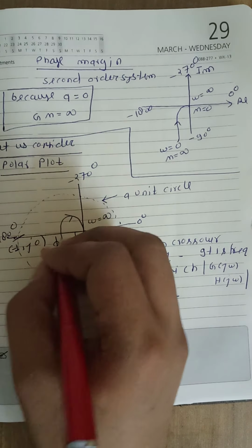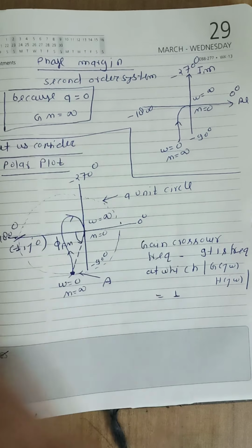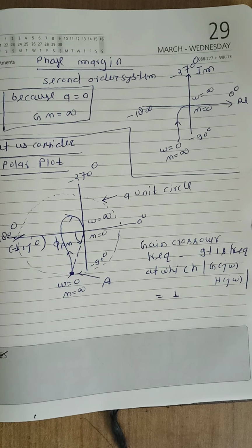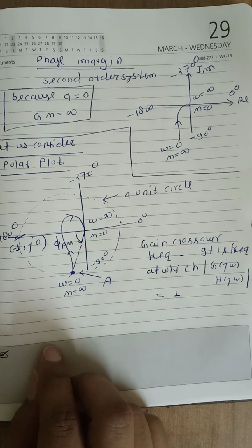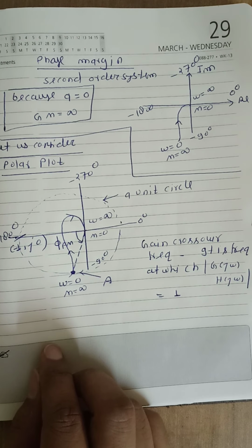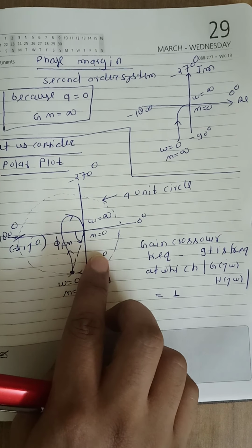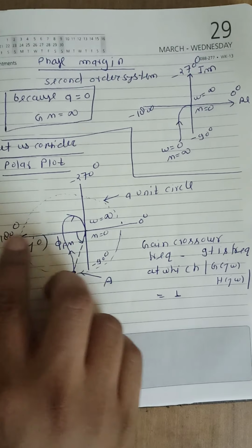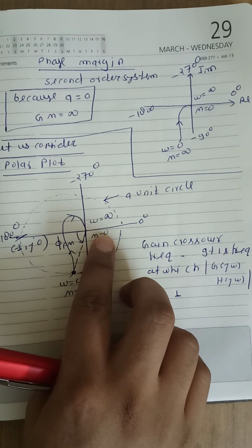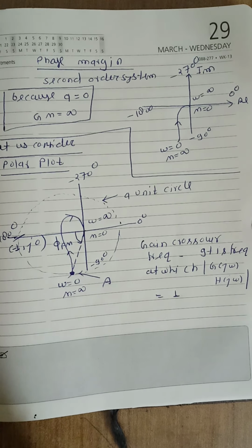So we can represent it as phi PM. Phase margin is defined as the amount of additional phase lag at the gain crossover frequency required to bring the system to the edge of instability. And phase margin is measured positively in the counterclockwise direction from the negative real axis. Phase margin is always positive for a stable feedback system.